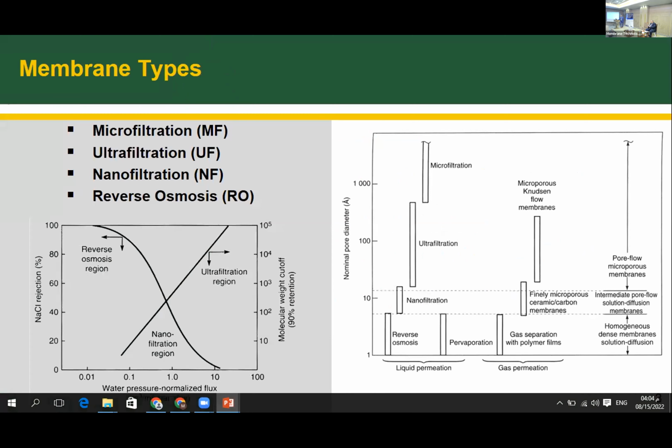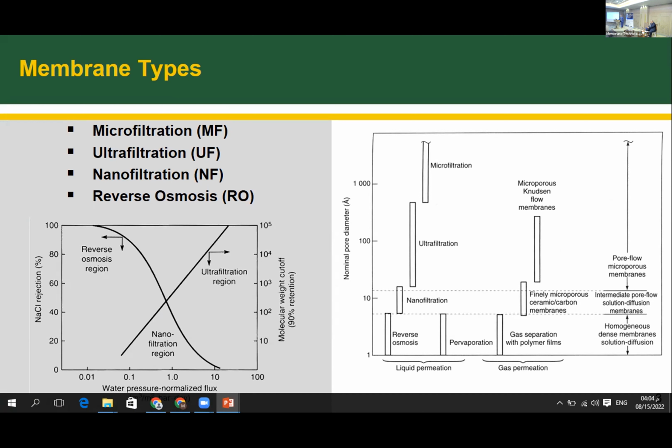So the membrane types, I'm not going to go too much into that because we've seen many presentations today, but mainly microfiltration, ultra, nano, and finally reverse osmosis. If you look at the figure on the left-hand side on the bottom there, water pressure normalized flux versus sodium chloride rejection percentage, you can see here the different regions for different membrane operations.